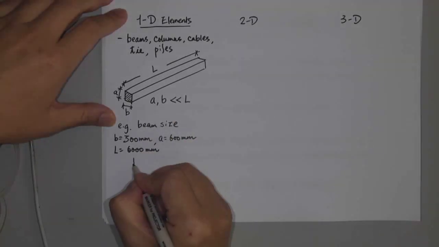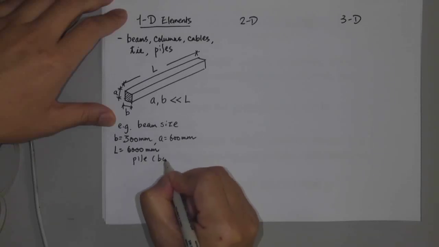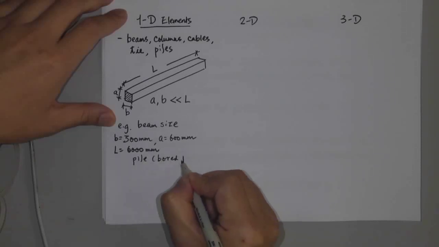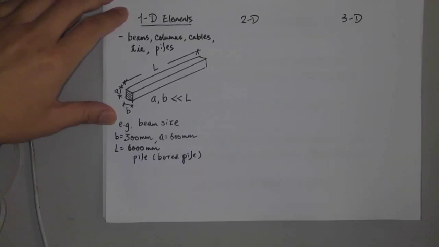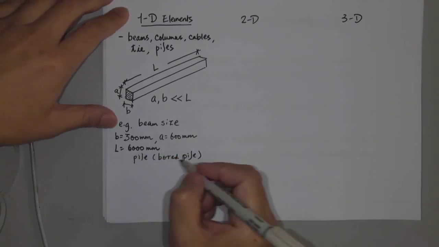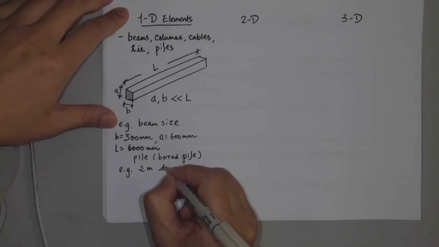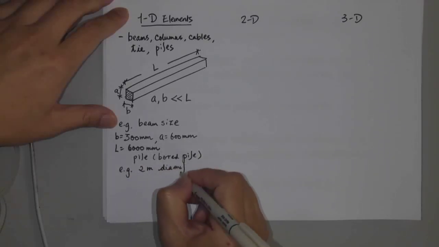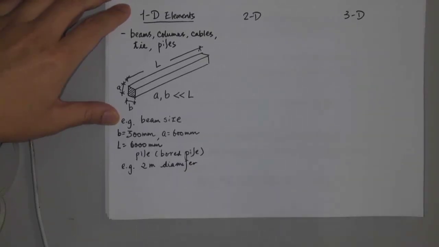What about a pile? Let's say a bored pile. The smallest one could be 1 meter in diameter, up to 2.5. Let's say, for example, 2 meters diameter. What about the length of the bored pile?